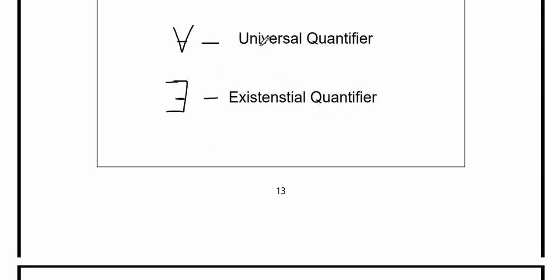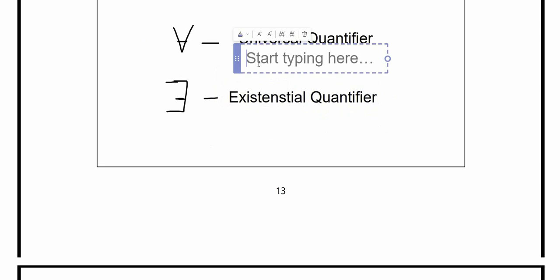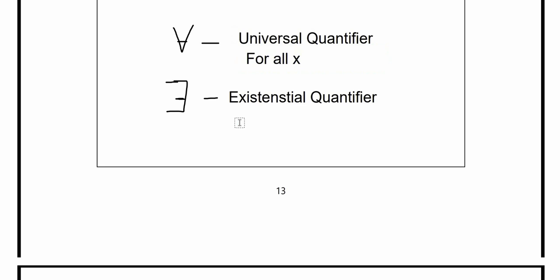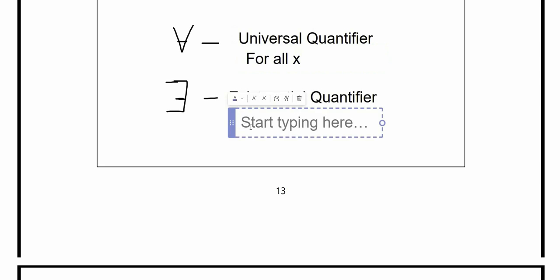Now the universal quantifier states for all x, and the existential quantifier states there exists an x such that.